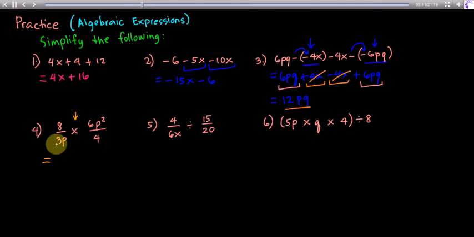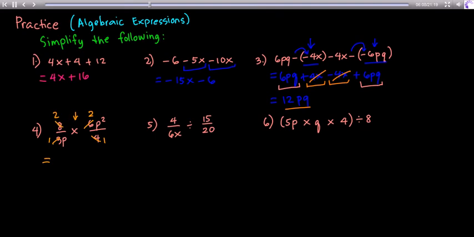Just like we have here 3 and 6, we can make it 1 and 2. And look, we have here 8 and 4. We can make it 2 and 1 also. In this case, the numbers would be smaller, so it would be easy for us to multiply.